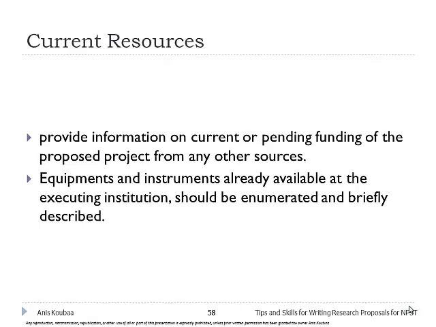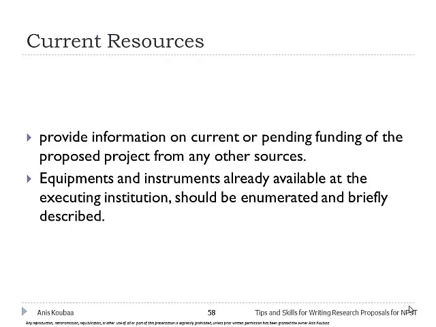So the project execution is related to the resources to be acquired for the project. You need to provide information on current or pending funding of the proposed project from any other source. This means that if you have existing resources from other projects, you have to clarify them.